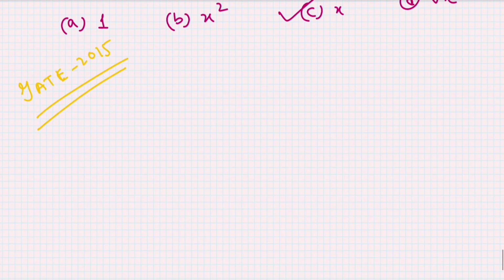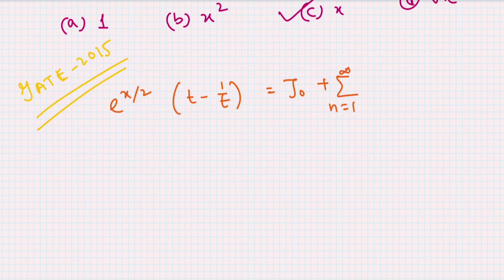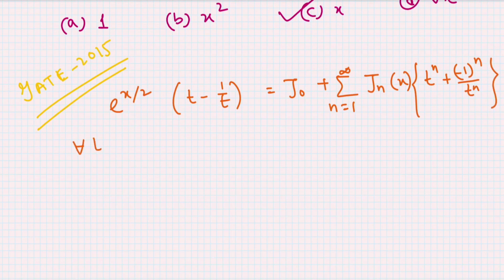So the question says like this: exponential of x by 2 into t minus 1 by t equals J0 plus summation n equal to 1 to infinity Jn(x) into t power n plus minus 1 power n by t power n, for all t greater than 0 and x belongs to R.